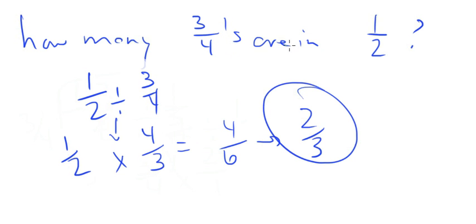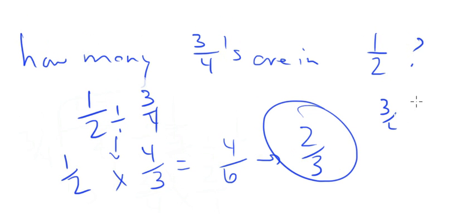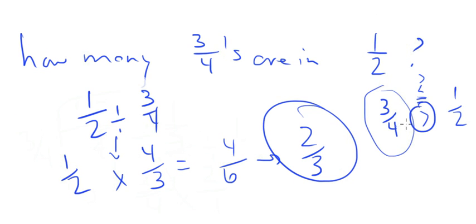So how many 3/4 are in 1/2? 2/3 of a 3/4 are in 1/2. You know 3/4 is bigger. If you have this problem over here, guys, 3/4 is what to 1/2? Greater than, less than, or equal to? Greater than. So you know 3/4 is greater than 1/2, right? So if this number is greater and we're dividing it into this, the number's got to be less than 1.